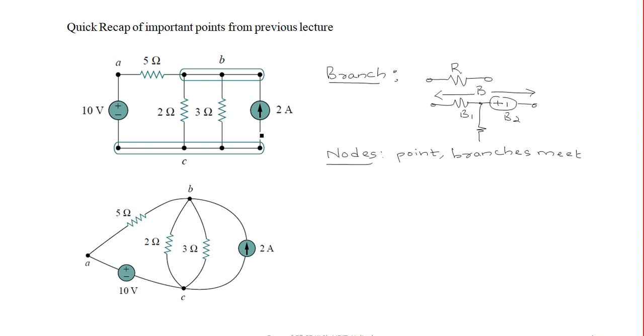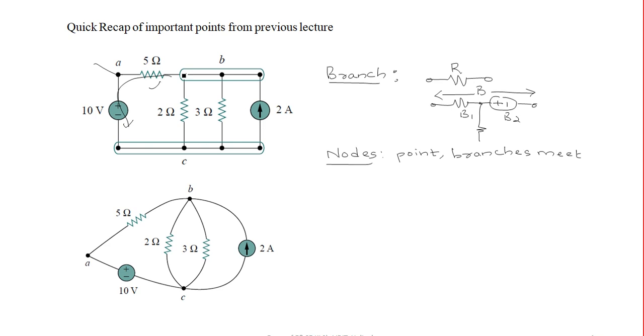I would like to take this circuit as an example to recap about the nodes. As we know, it is a point where branches meet. If you consider the elements, here we have this 10 volt element and 5 ohm resistor. You can consider these as separate branches, but since we don't have any diversion here, the current in this branch will be the same.